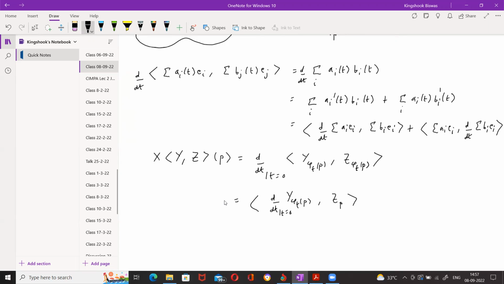When I put t equal to 0, I get z at p here, plus the inner product of y at p with d/dt at t equal to 0 of z at phi t of p.